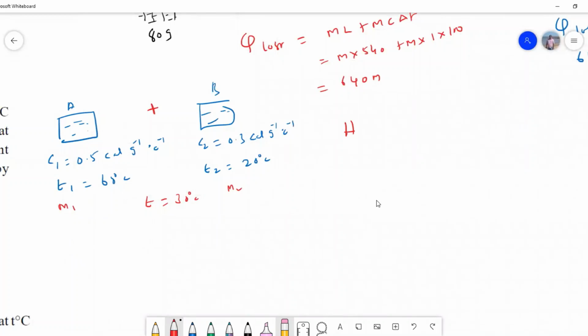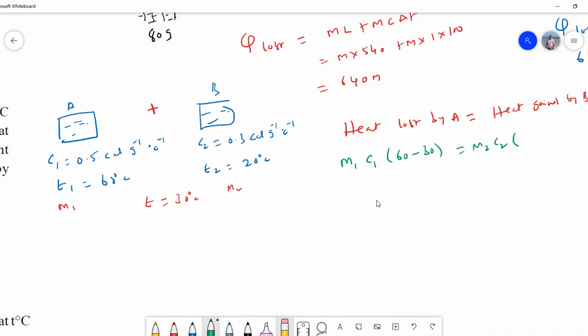Simply equate heat lost by A is equal to heat gained by B. So M1 C1, change of temperature is 60 minus 30, is equal to M2 C2, change of temperature is 30 minus 20, because the resultant will be more than that.